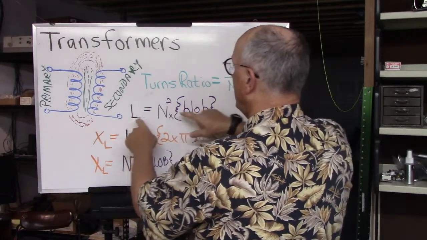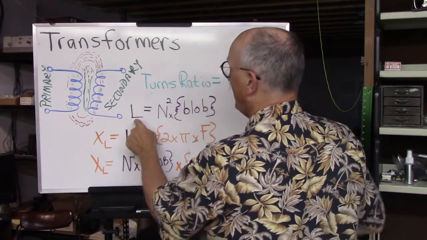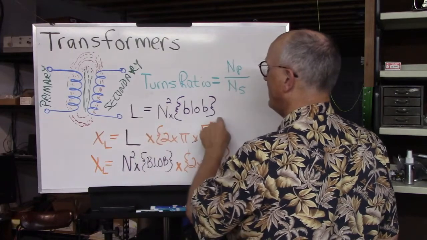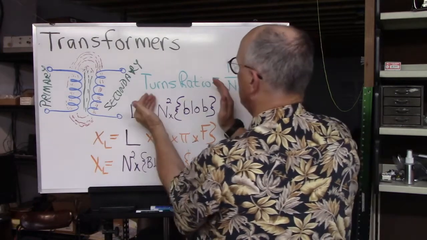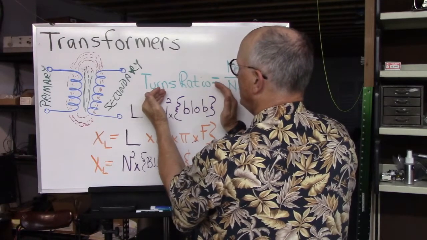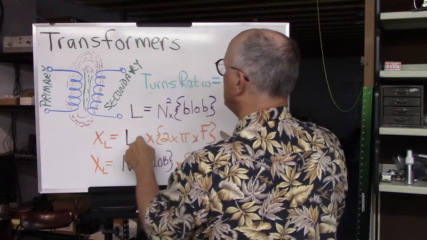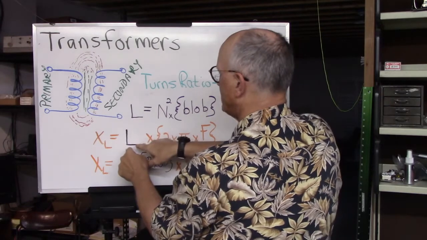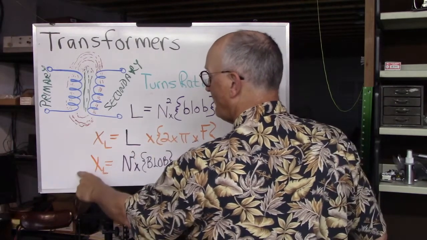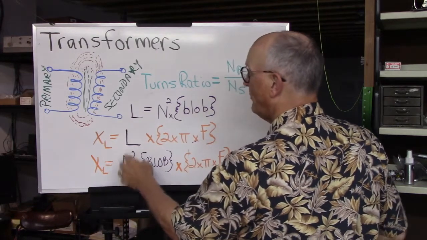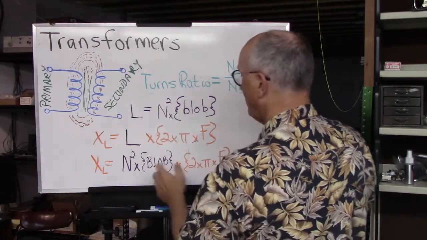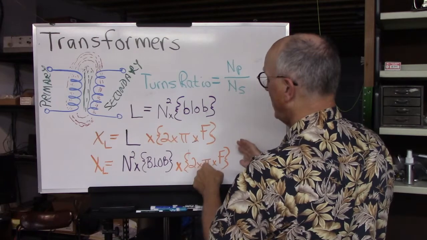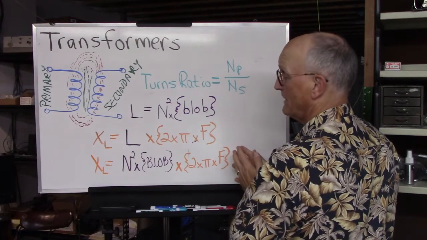Now, if L here is equal to this, and X sub L equals this, then we can take this portion here and stick it into this equation in place of the L, and we get the impedance is equal to N squared times this blob of stuff times 2 times pi times the frequency.